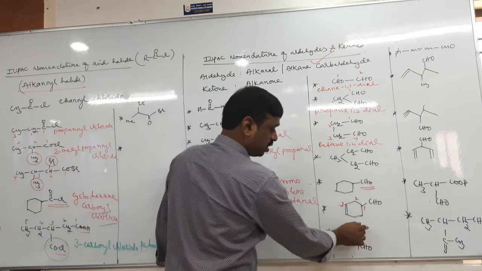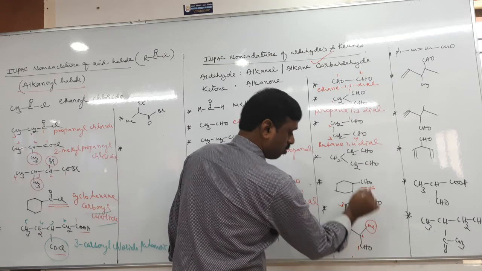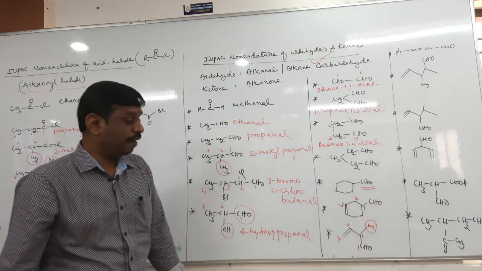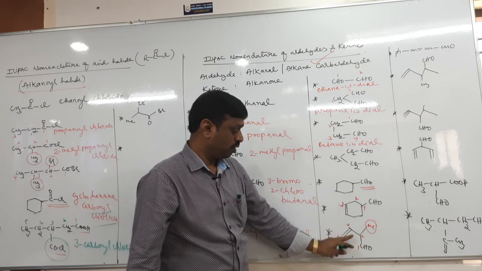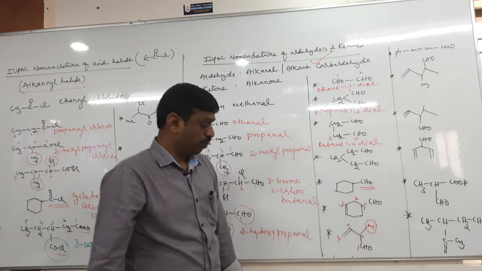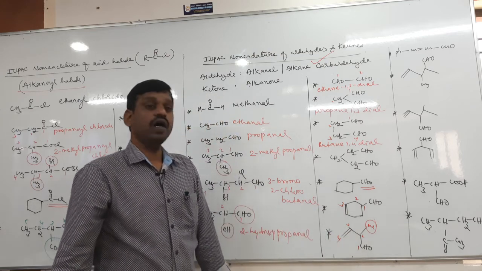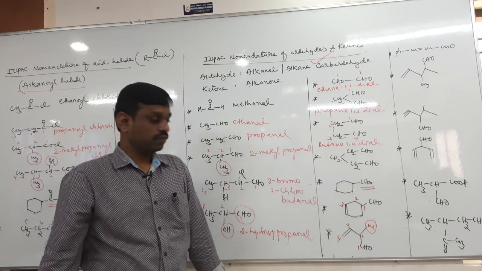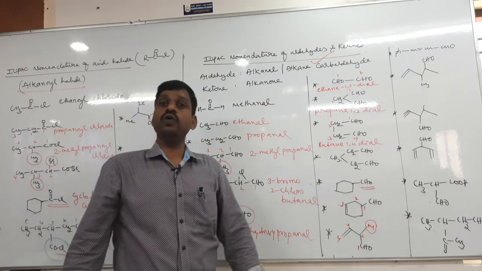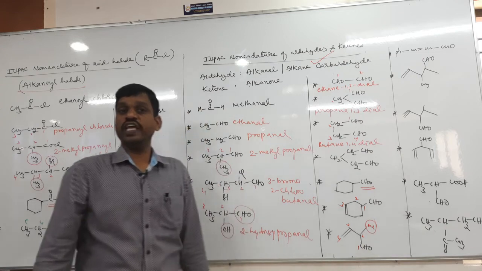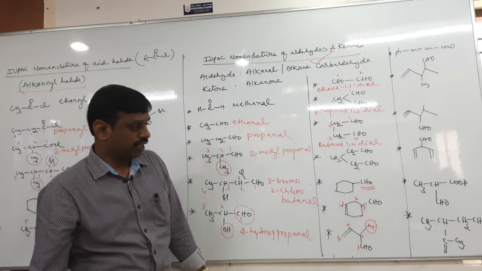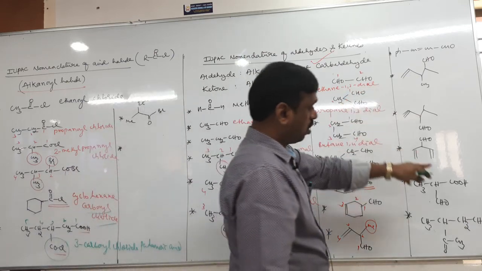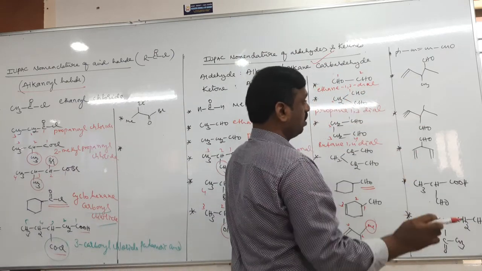You take the methyl group: 2-methylbut-3-enal. So all these are routine examples.